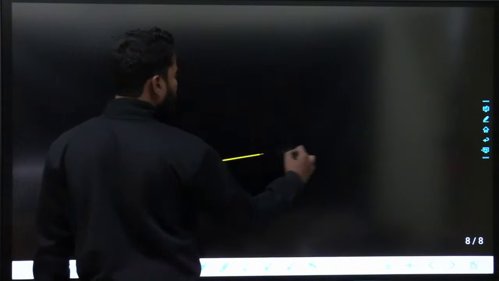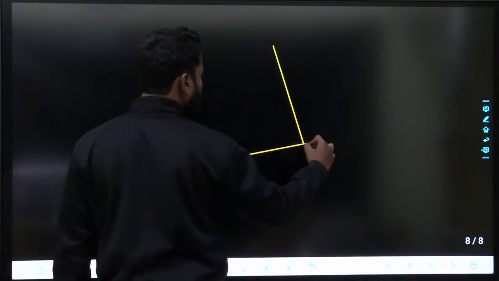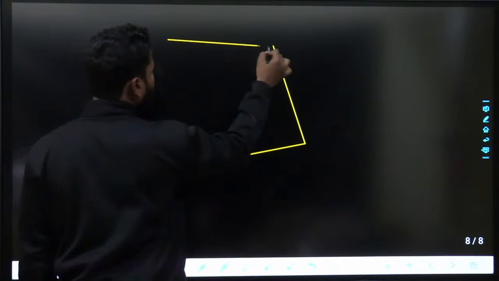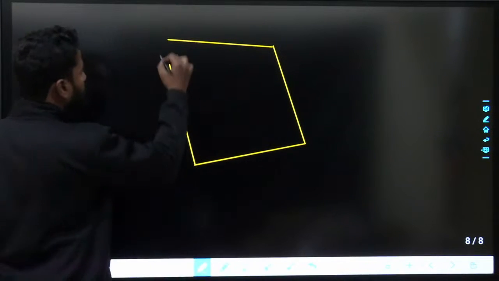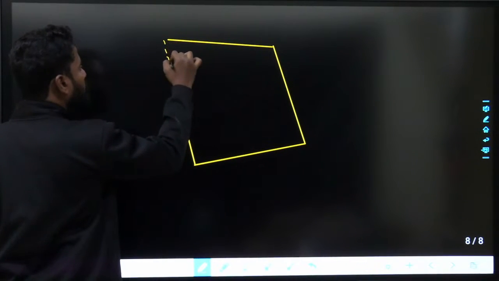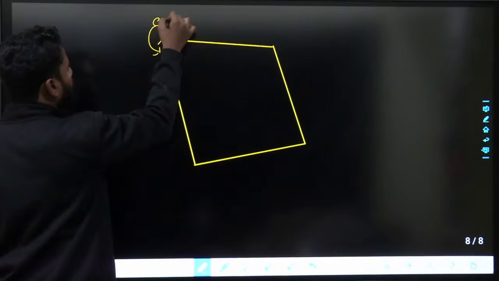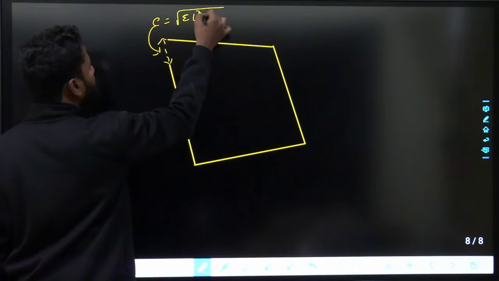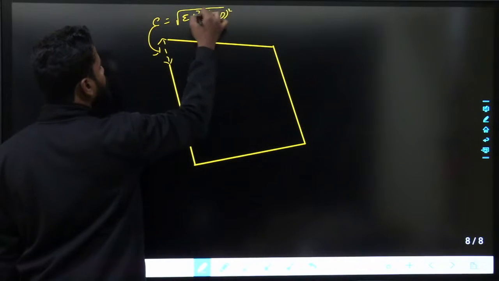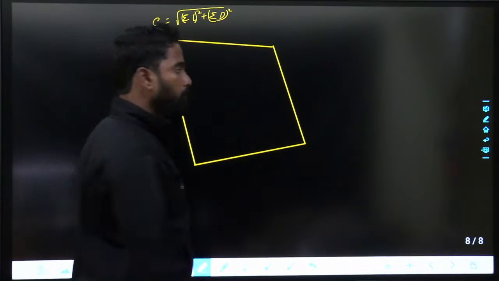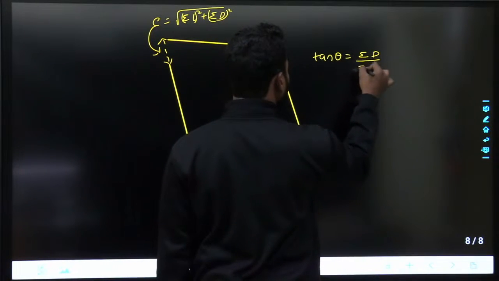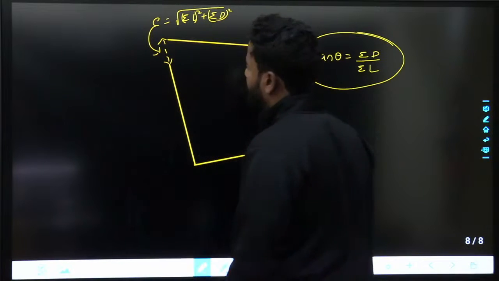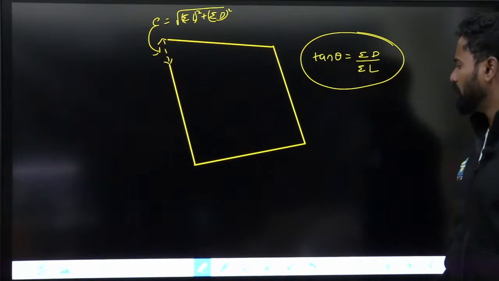That means if it is not closed, it would be something like this. This error E is given as the square root of sigma L square plus sigma D square, and the bearing of that error is given as tan theta equals sigma D upon sigma L.